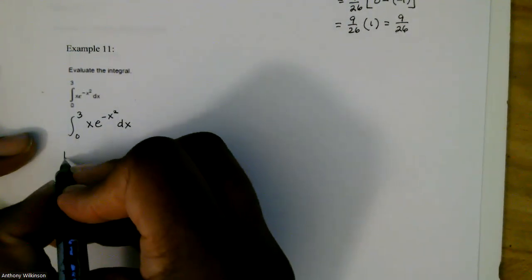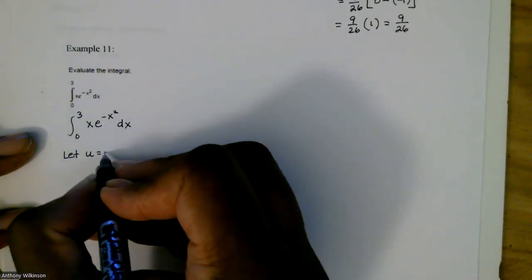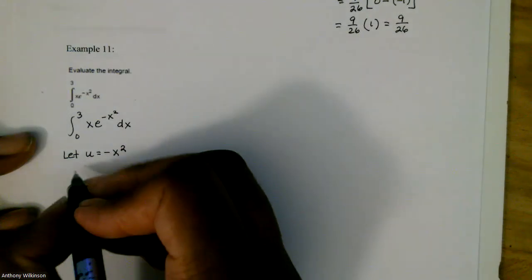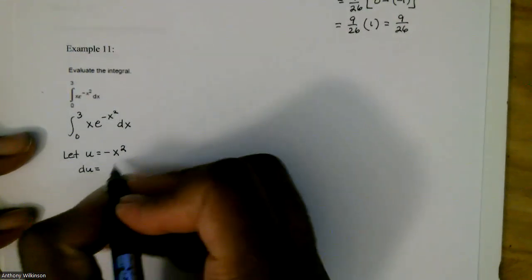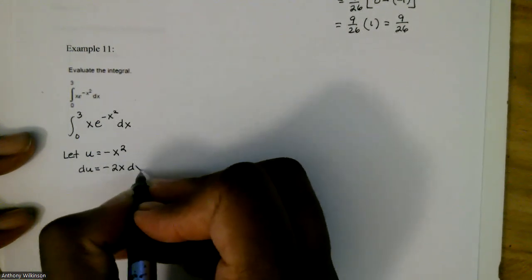So here we need a u substitution. I'm going to let u equal the exponent of that e, which is negative x squared. That would mean du would be the derivative of negative x squared, which is negative 2x dx.